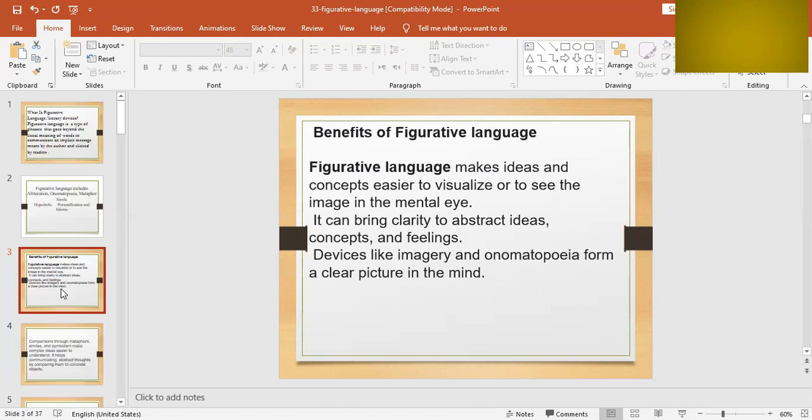It can bring clarity to abstract ideas. When you want to say someone is very beautiful, beauty is something abstract. Can you see or touch beauty? No. So beauty is an abstract idea.